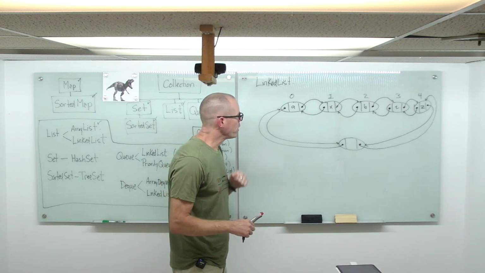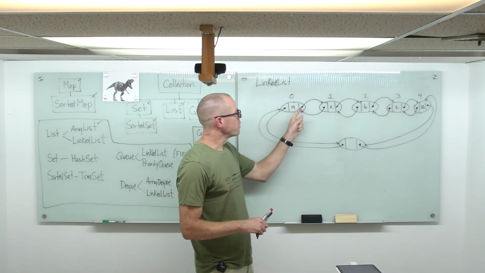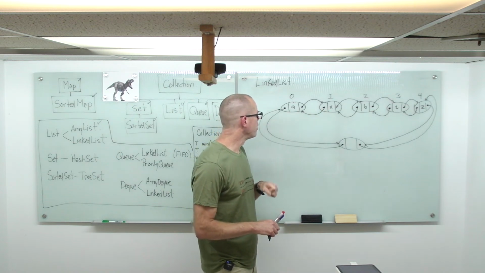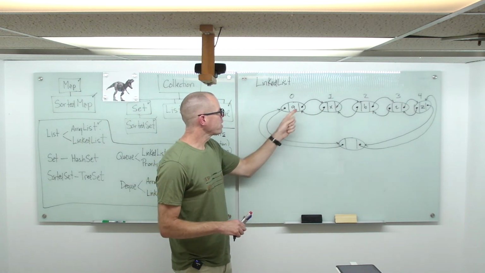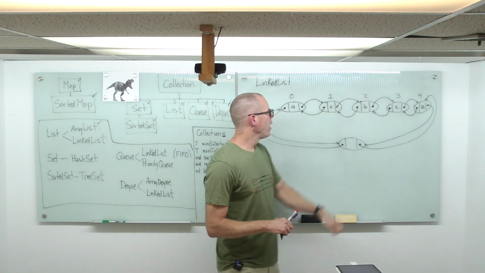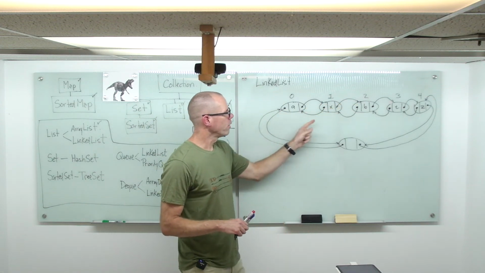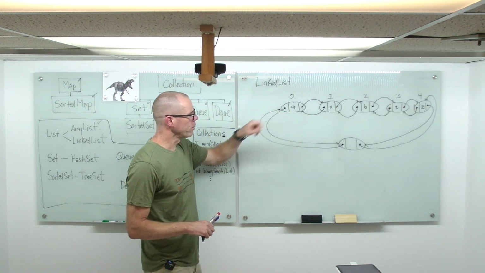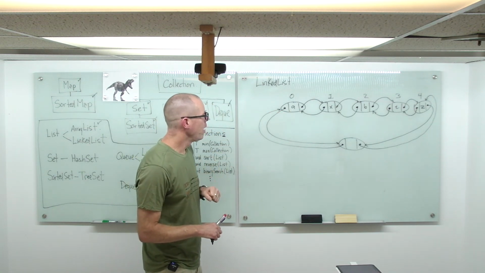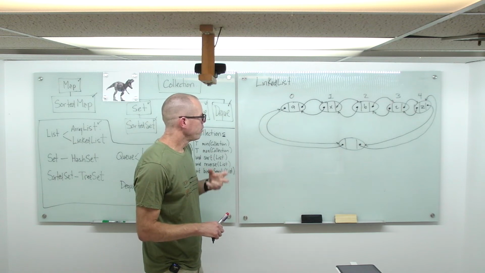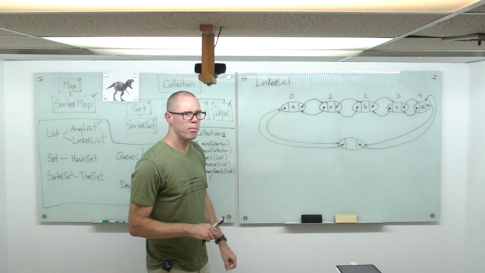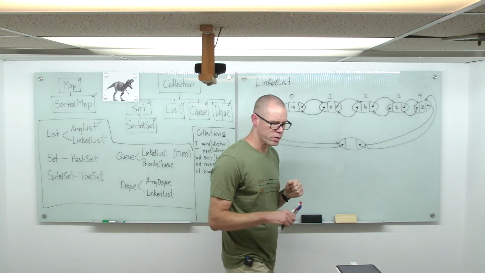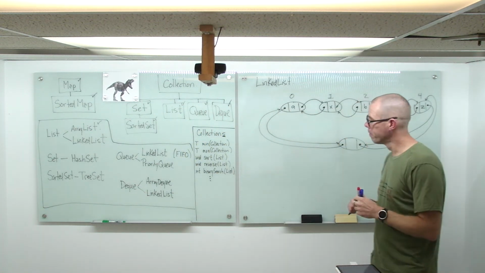And each one has a pointer to the node that comes after it, and another pointer to the node that comes before it. So maybe these are called the next pointers to the next node, and the previous pointers to the previous nodes. And this is why this particular thing is called a doubly linked list, because there's sort of double pointers between two nodes. There's a pointer going in this direction and a pointer going in this direction. Okay.